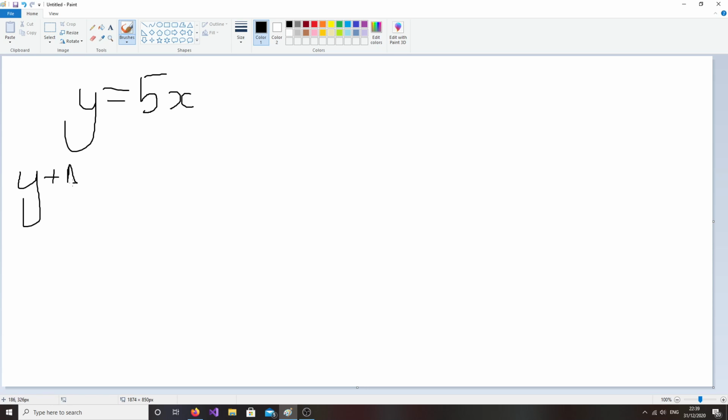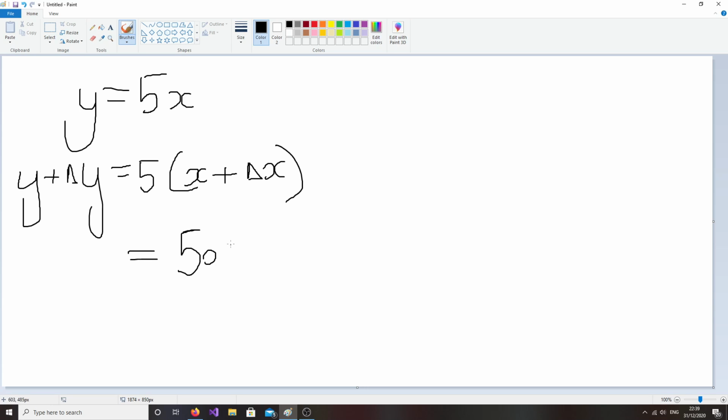Y add delta y equals 5, open brackets, x add delta x. And then we'll expand it, so 5x plus 5 delta x.